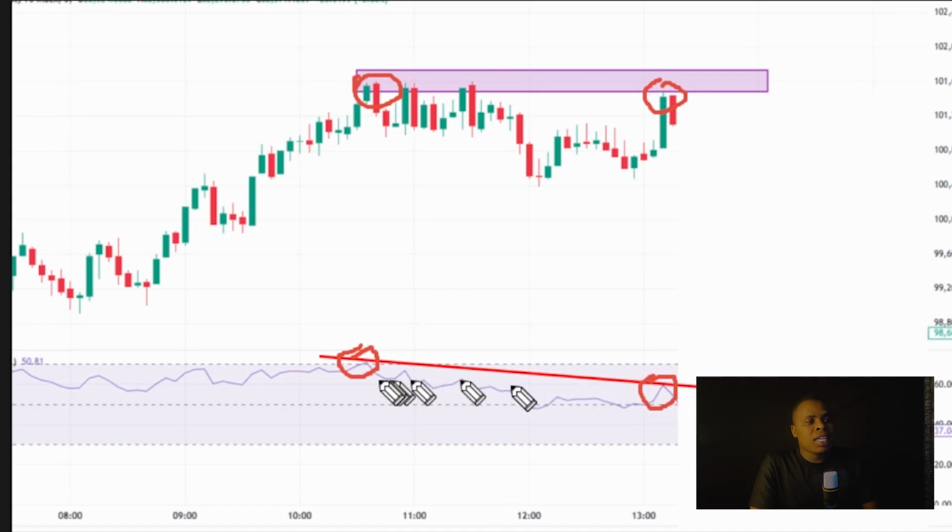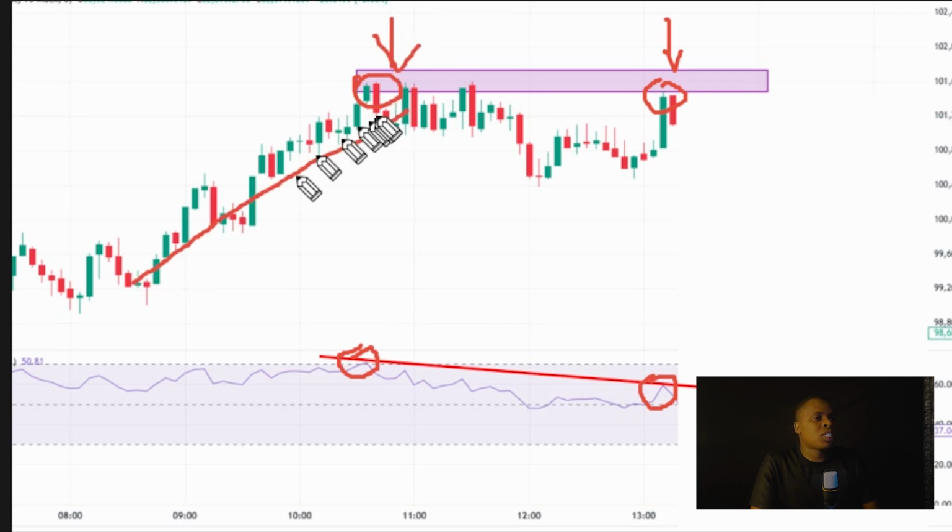If the RSI is below this 70 zone, it simply means that there is now less buying pressure than here. Here you can see there was a lot of buying pressure when the market was coming in. You can see even on the chart that it was trending a lot.